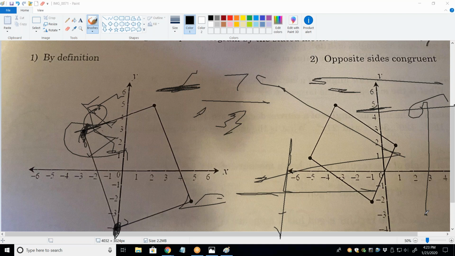So we already figured out the slope on that line, right? It was -7/3. Yeah. So let's figure out the slope of the line that's opposite that.